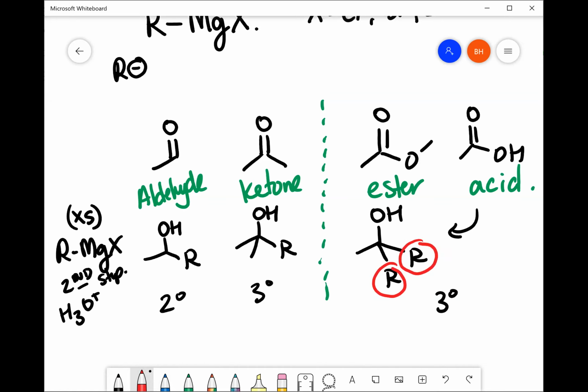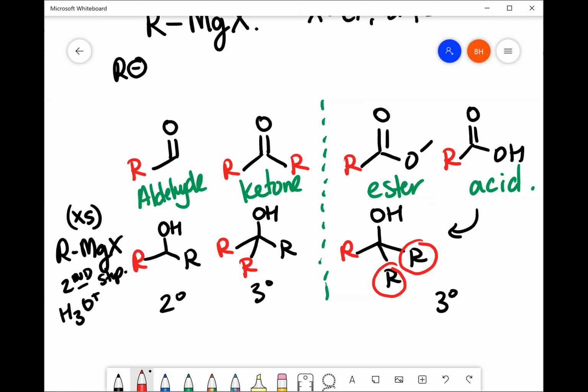And so whatever you started with, we'll make this a red R here. Red, red, red. The nucleophilic R, like with the ester, there's two of them. And with the ketone or the aldehyde, it's just added once.